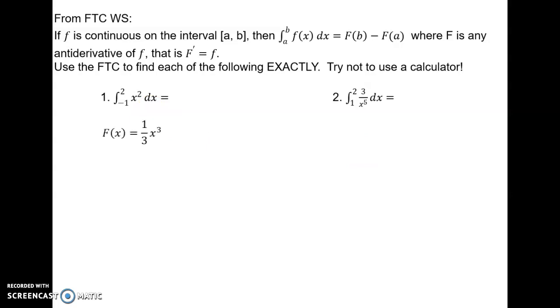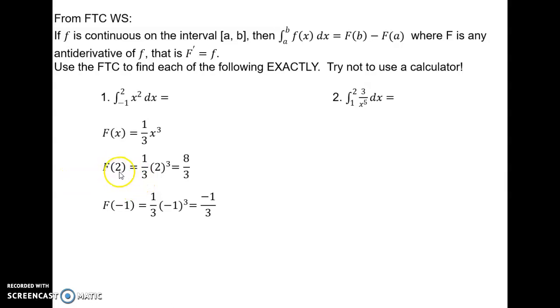You guys should be pretty good at these from section 4.8, where we did a bunch of antiderivatives. So the antiderivative of x squared is 1/3 x to the third. We don't need the plus c here because we're using the fundamental theorem, and when we subtract, the c's would simply subtract away. We evaluate the antiderivative at the upper bound and the lower bound.